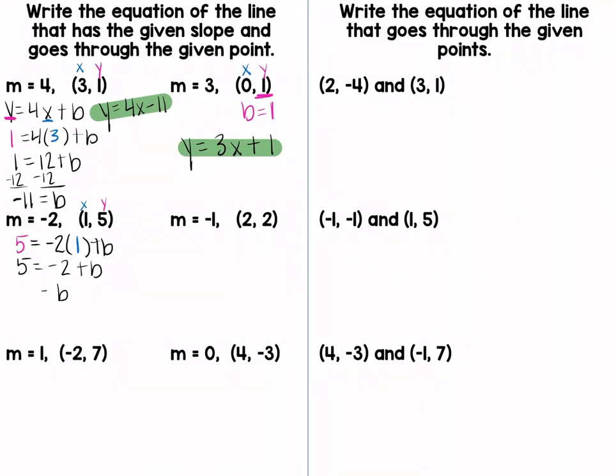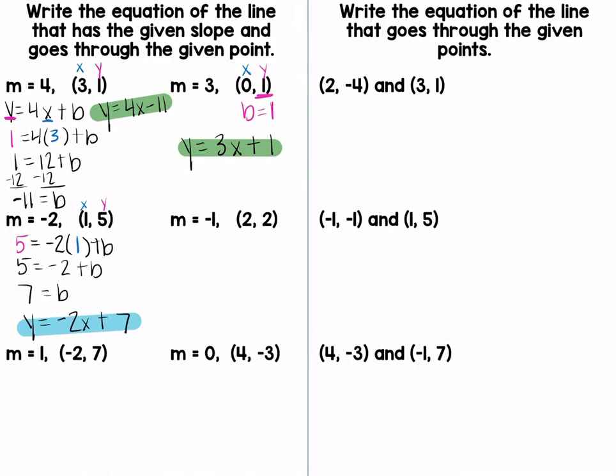So b has to be 7. Okay, so then you're going to write your equation, y equals negative 2x plus 7. So that would be your answer. That would be your equation.